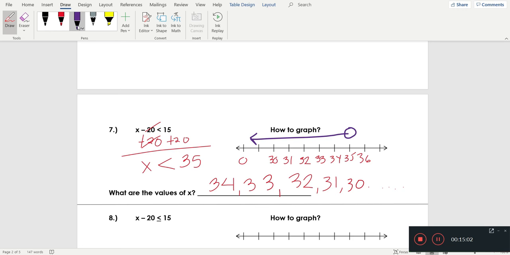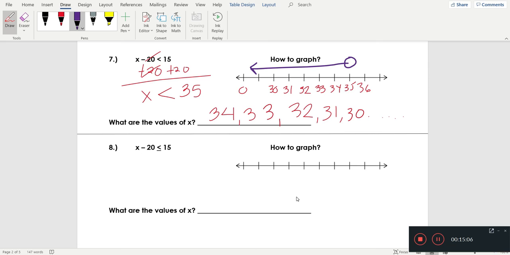Okay. Next, we have the last question. x minus 20 is less than or equal to 15. So let's solve for the value of x. So plus 20, right? Cancel these. We have x is less than or equal to 35.